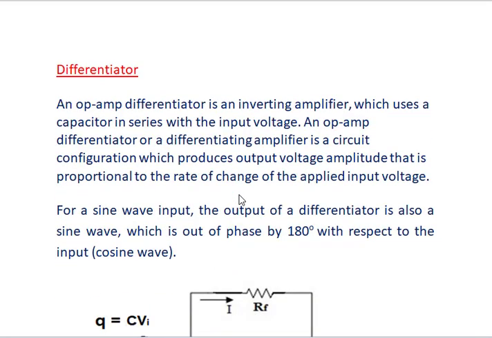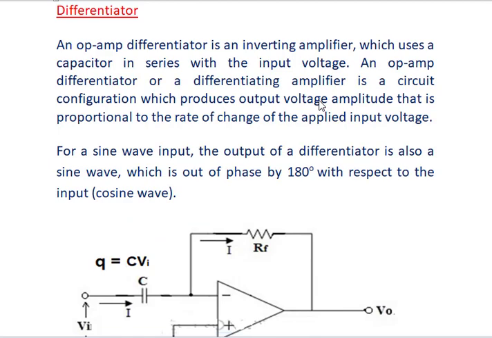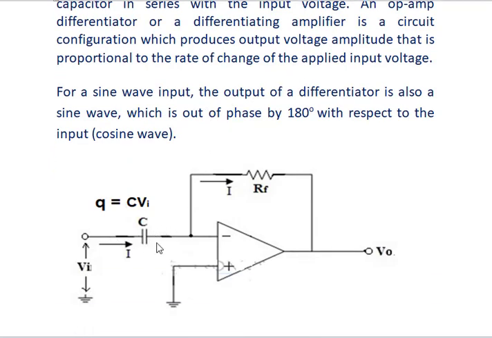Next, the differentiator circuit. The operational amplifier is used to construct a differentiator circuit. In the differentiator circuit, the input resistor is replaced by a capacitor.